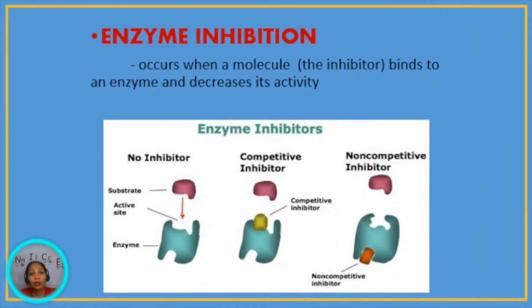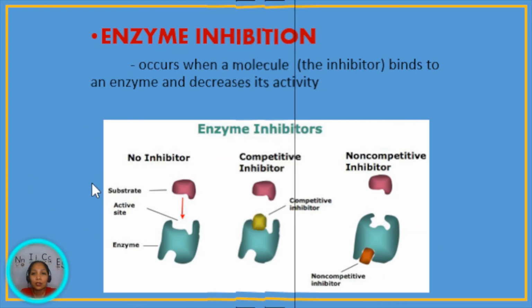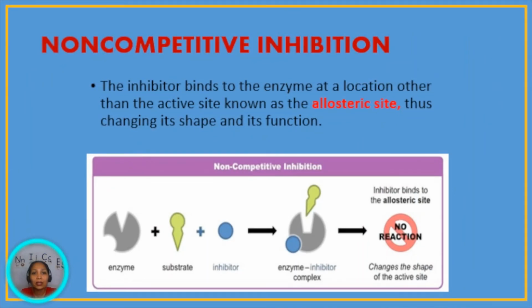Moreover, there is what we call enzyme inhibition, wherein it occurs when a molecule referred to as an inhibitor binds to an enzyme and therefore decreases the enzymatic activity. Enzyme inhibition has two general ways to prevent too much of a substance from accumulating. In non-competitive inhibition, the inhibitor binds to the enzyme at a location other than that of the active site.